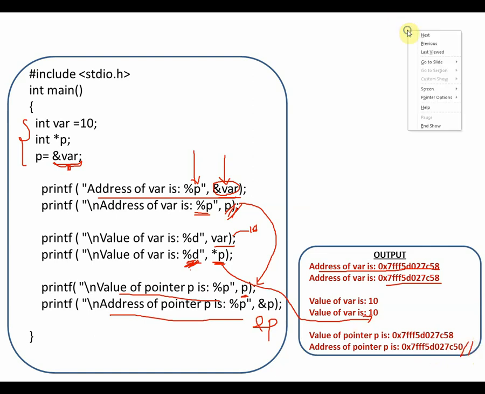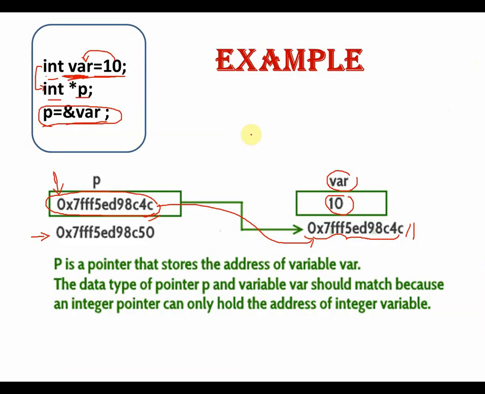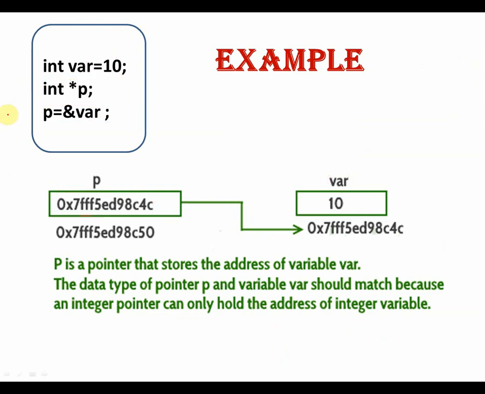Okay, I will go back to that slide which shows us the diagram once again. I will clear off everything from here. Now just to revise, suppose we have a variable var, this is the value which the variable stores, and this is the address of the variable var. Now whenever we declare a pointer variable, it will be created like this with some address.